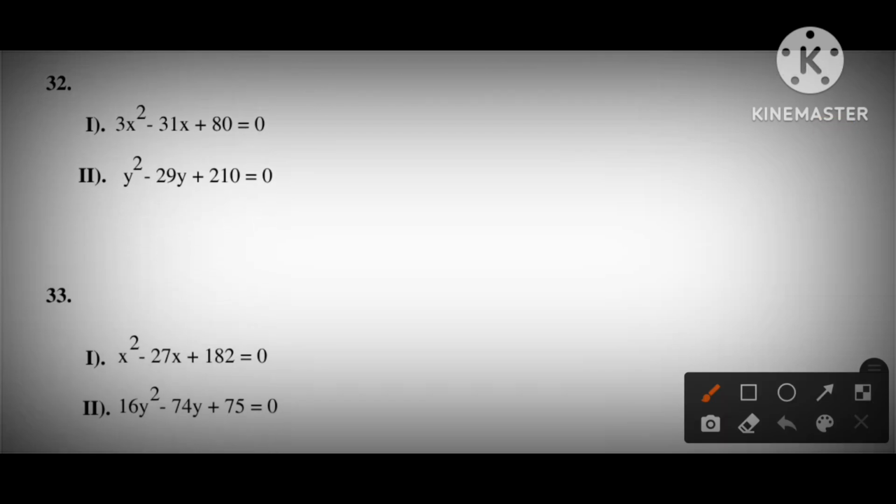Here we see 80 and 3, so we can write 80 as 16 5 times and 3 5 times will be 15. Sum of these two we get 31. Okay, minus and plus means both the roots are in positive. Here 210, 210 means 14 15 times will be 210. Minus and plus means both the roots are in positive.